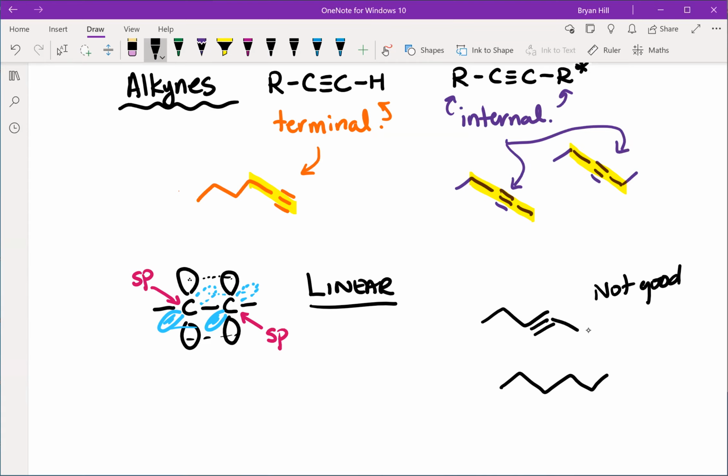But the carbons of alkynes are linear, so they should always be drawn in a linear fashion. That's the best way to do it. So I'll get rid of this one. So they're linear. So that's the first thing.